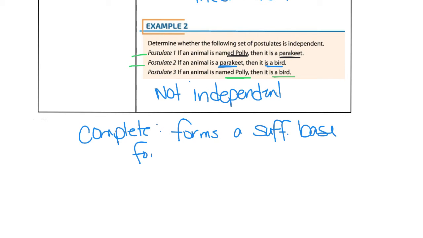So just stick that in your pocket and understand that it is complete if it forms a sufficient base for a full description.